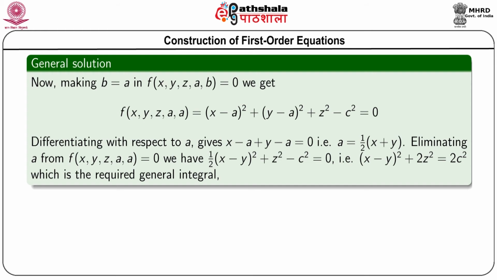If we put this value of small a in the equation small f(x, y, z, a) equals 0, we will get half of (x minus y) whole square plus z square minus c square equals 0. This solution is the required general solution or general integral of the given first order equation.